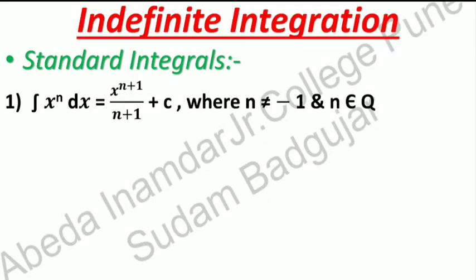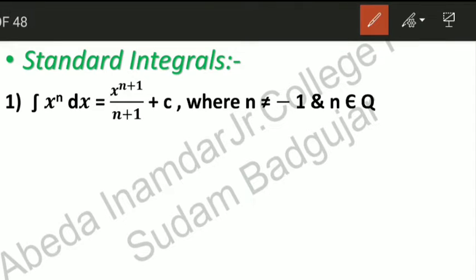See here, you have to observe this one. Here it is a base power form, x raised to n, base power form, but the base is a variable and the power is any number, then its result is x raised to n plus 1 upon n plus 1.